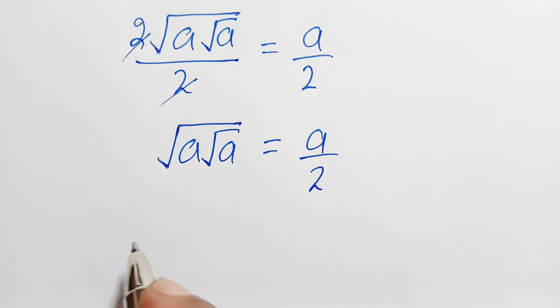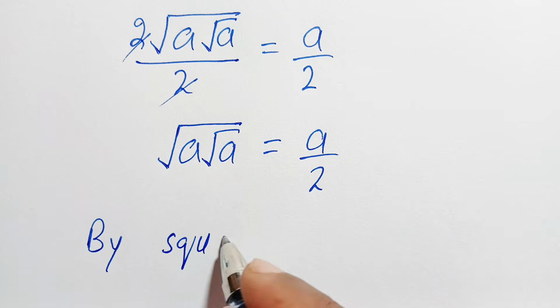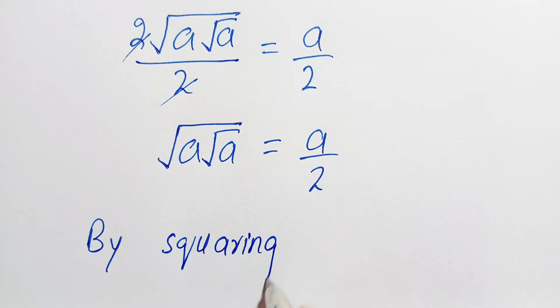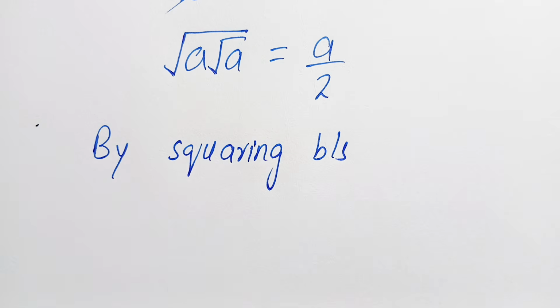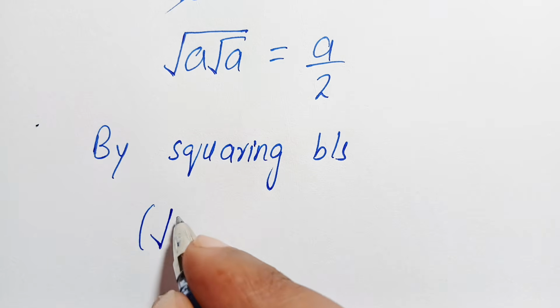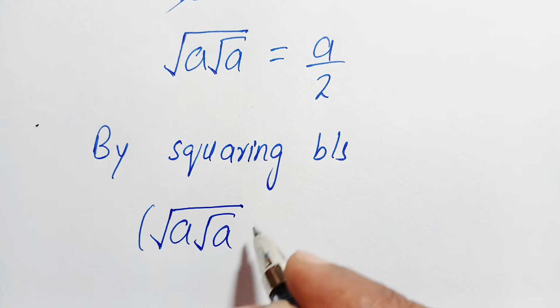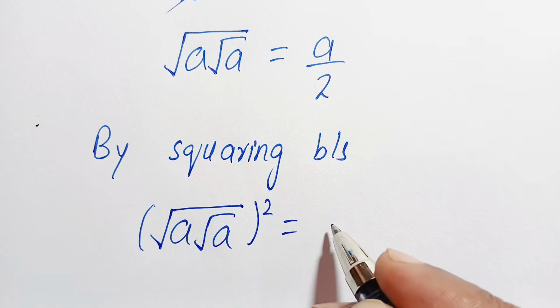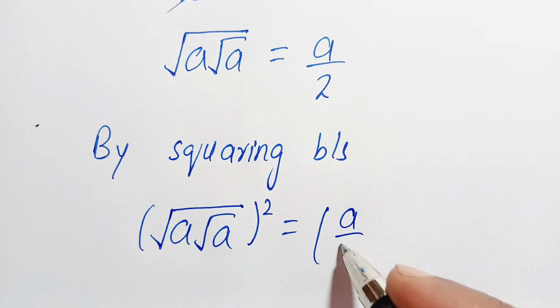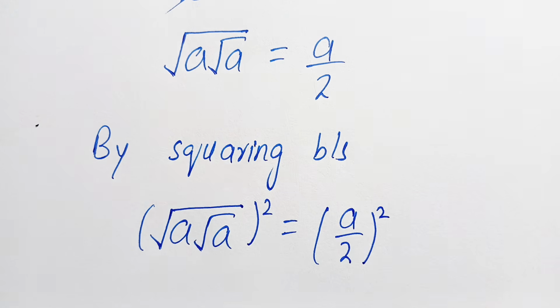Next, by squaring both sides, this becomes (square root a times square root a) whole squared is equal to (a by 2) whole squared.